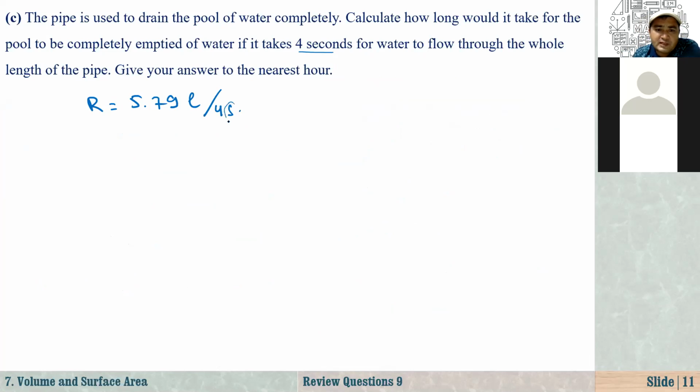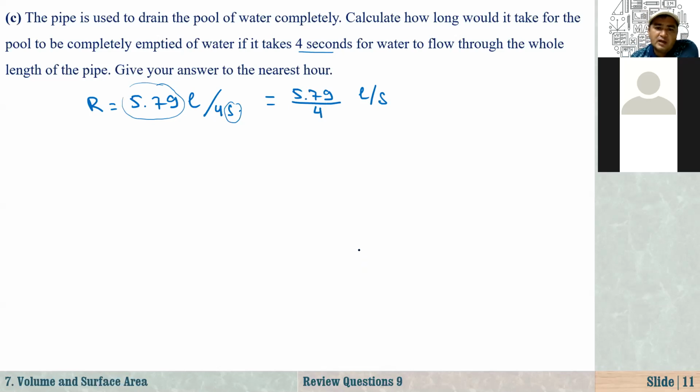That means that in 4 seconds, this much water flows through the pipe. If I simplify this, that is 5.79 over 4 liters per second. That means that every second this much water is discharged from the swimming pool.